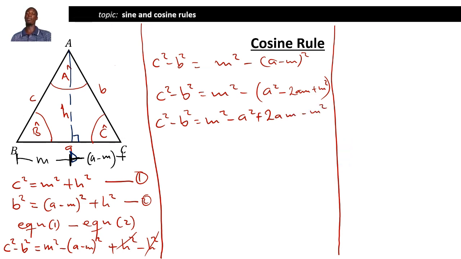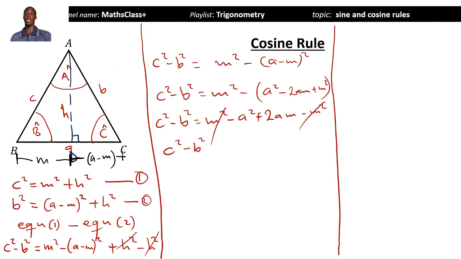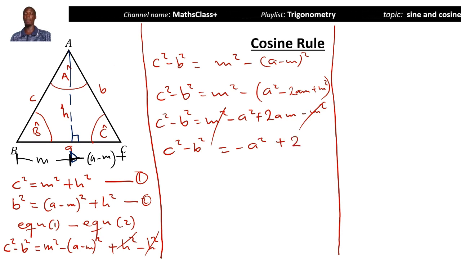Now look at M squared and M squared, they are like terms. So M squared minus M squared will cancel themselves out, with C squared minus B squared equal to minus A squared plus 2AM remaining.